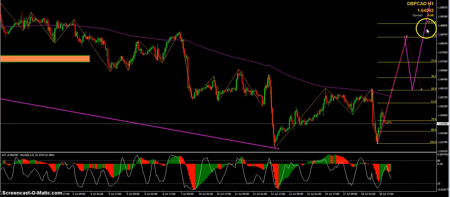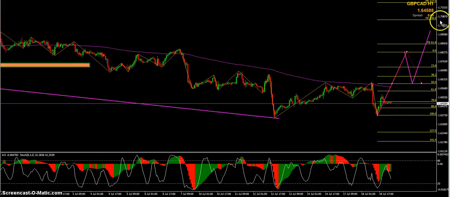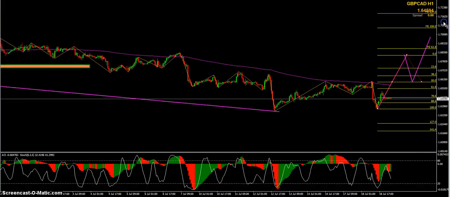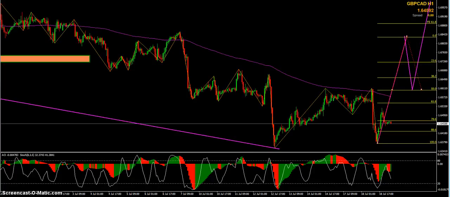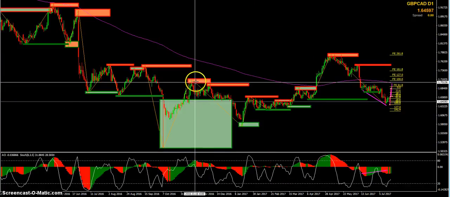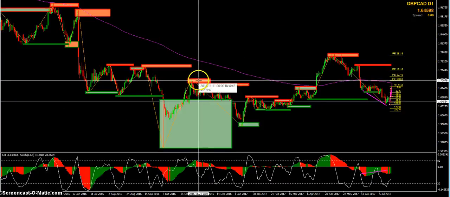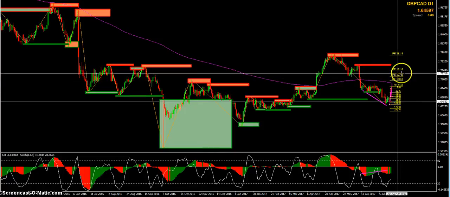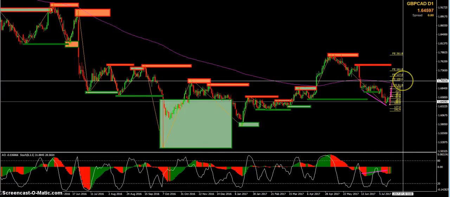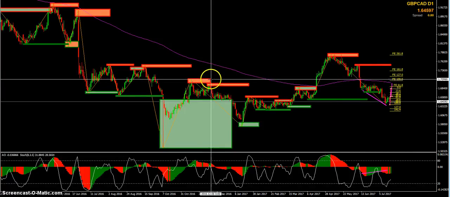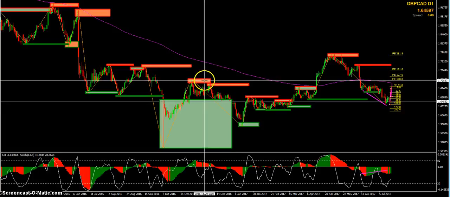And then we're looking at the expansion area, 61.8, 100 or 127. And depending on where they line up with the daily DSR zones, as you can see, this one here is lining up with the 100 level.